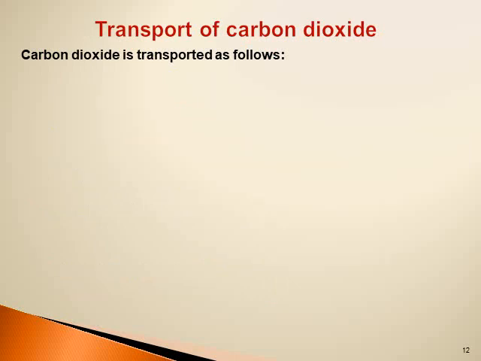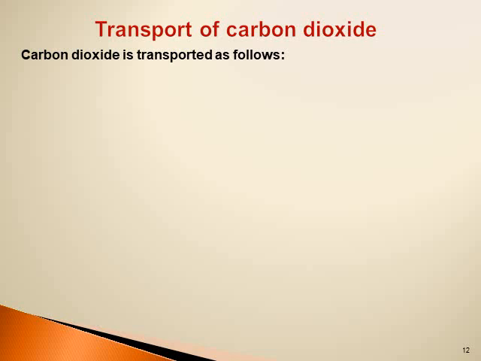Now let's talk about the transport of carbon dioxide in the blood. This transport happens from the peripheral tissues that produce carbon dioxide during metabolism to the lungs, where we get rid of carbon dioxide through gas exchange to the alveoli, and then to outside the body by exhalation.